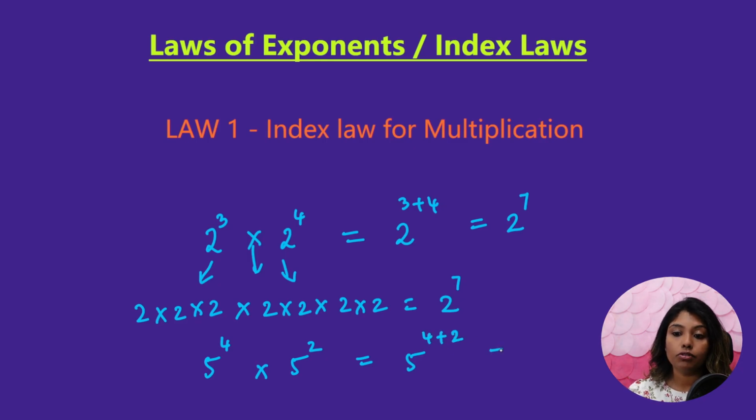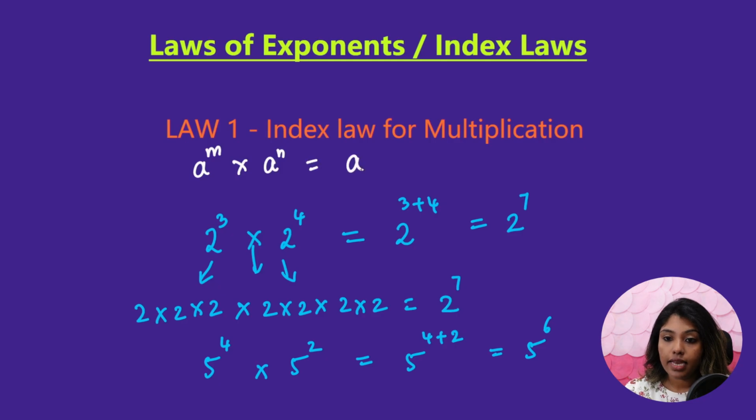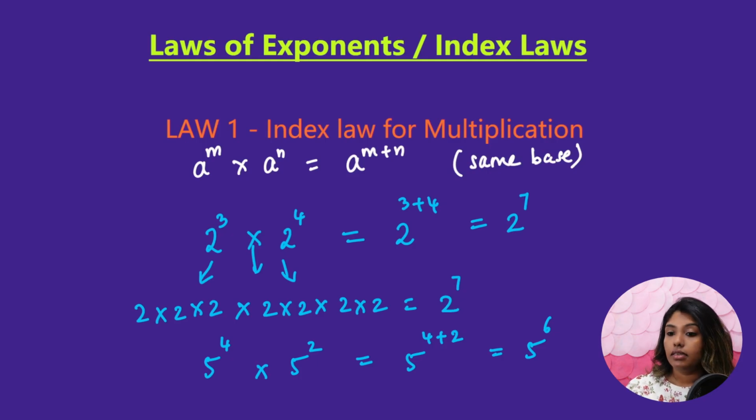So 4 plus 2, 5 to the power of 6. That's it. The generalized way of writing law 1 is a to the power m times a to the power n gives a to the power m plus n. Just that the a has to be the same base. It's applicable only if you have the same base.